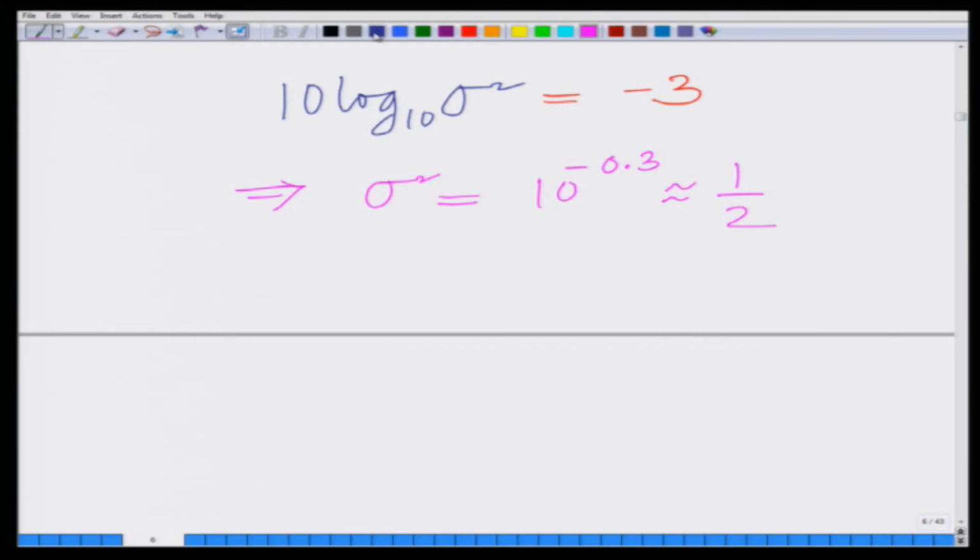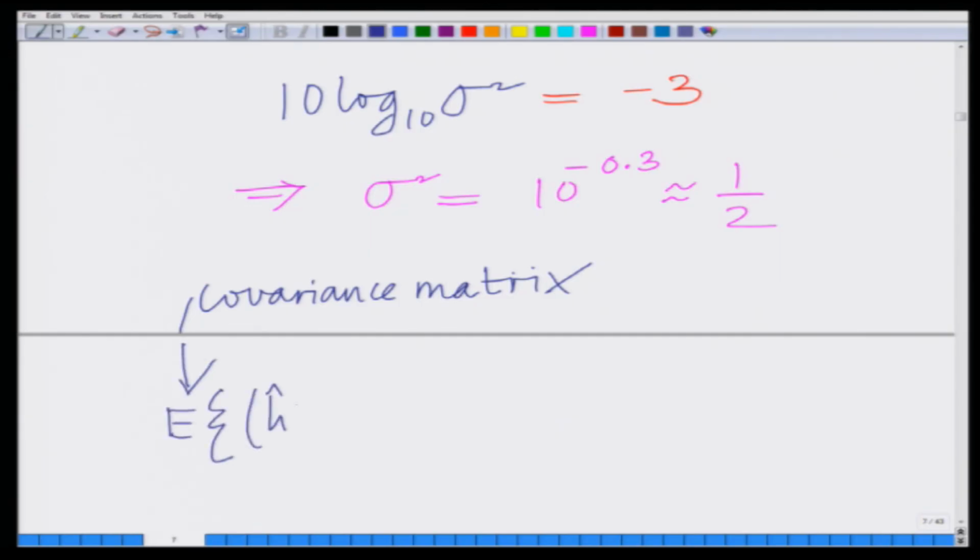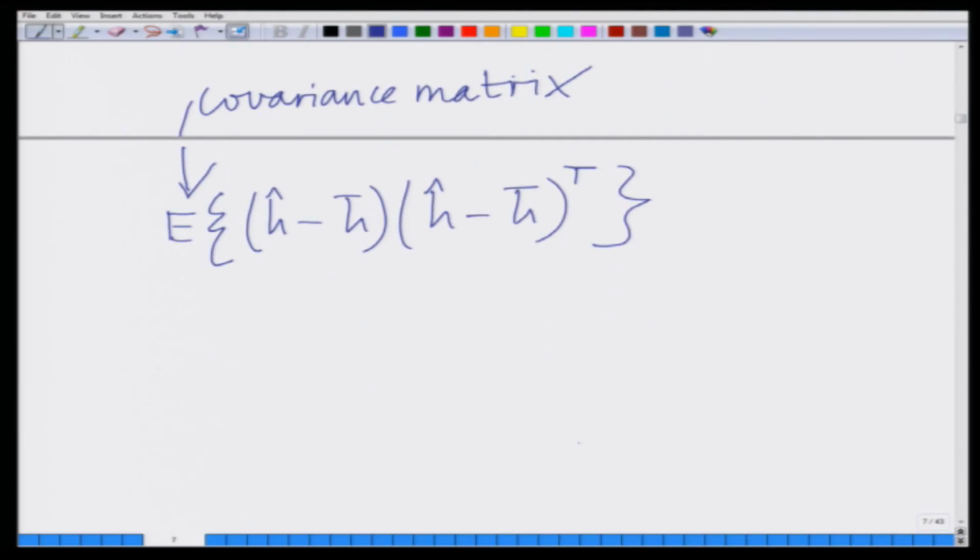Remember the covariance matrix of channel estimation, that is the expected value of h hat minus h bar times h hat minus h bar transpose, is equal to, as we have already derived in the behavior of the maximum likelihood estimate, sigma square x transpose x inverse.